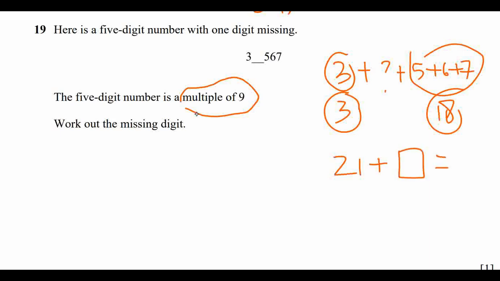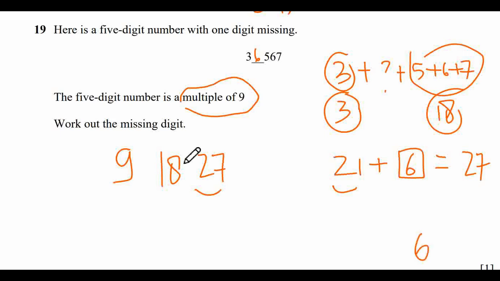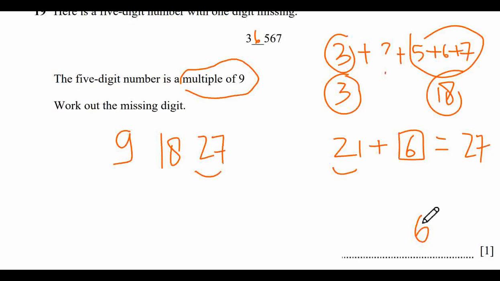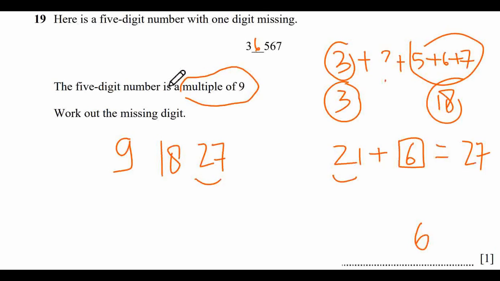So multiples of 9 are 9, 18, 27. It can go to 27. So the proper number is 6, and we have to answer in the answer slot. So I hope it's clear. The sum of all the digits is 27. 27 is divisible by 9. So the 5-digit number is a multiple of 9.